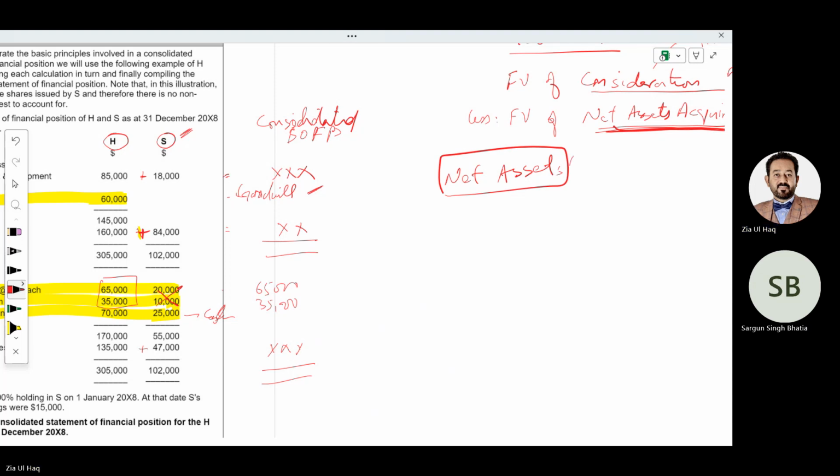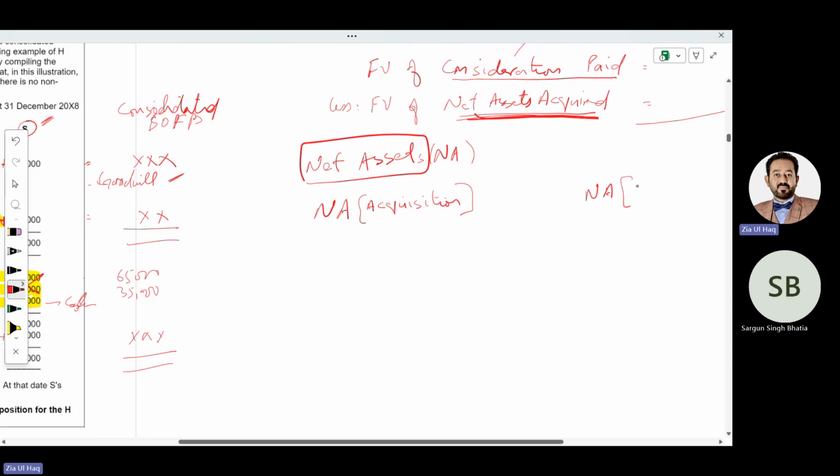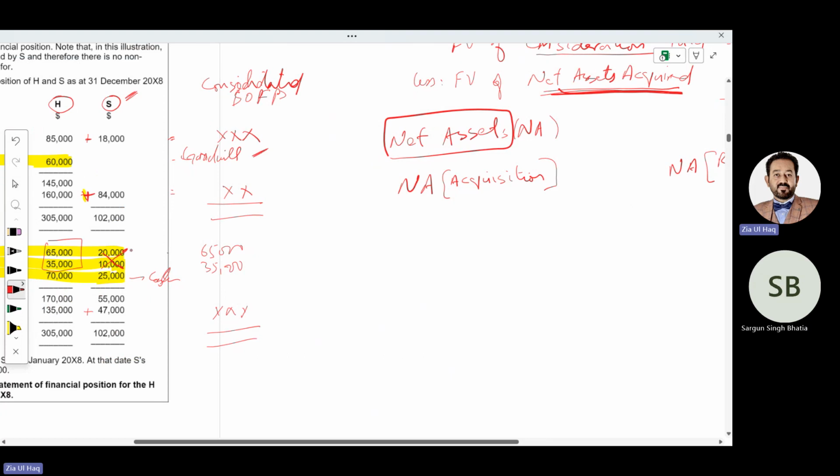One, can I abbreviate it as NA? Net assets at the time of acquisition. Acquisition means when we are buying that company, and we need to calculate net assets at reporting date. Reporting date means year end.